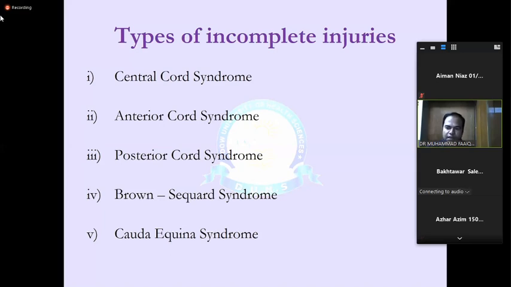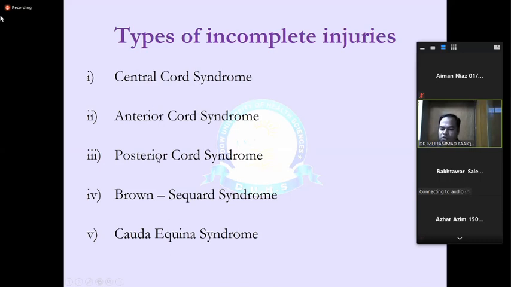So there are different types of incomplete cord injury. These are in front of you: central cord syndrome, anterior, posterior, Brown-Séquard, or cauda equina syndrome. Central cord syndrome, as the name suggests, involves the central segment of the spinal cord. Anterior cord syndrome is also called anterior spinal artery syndrome.